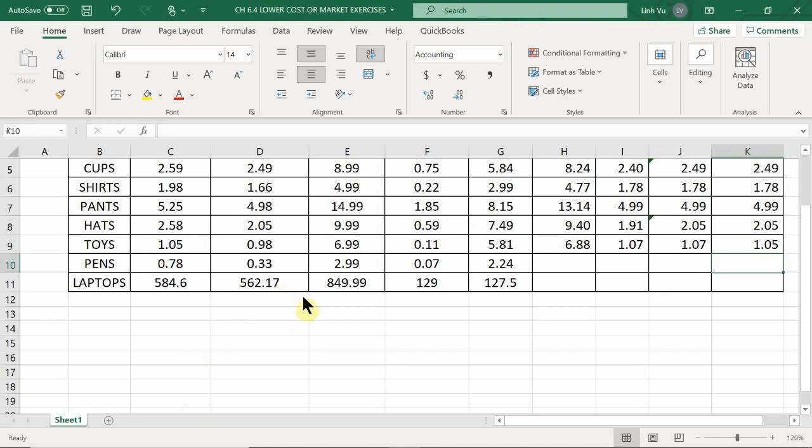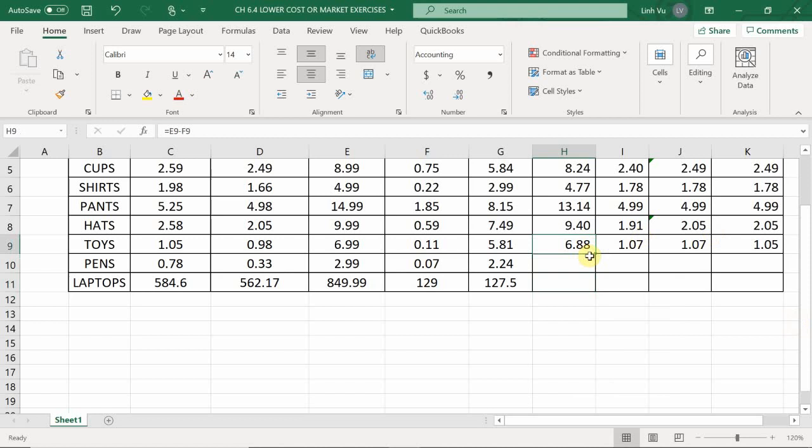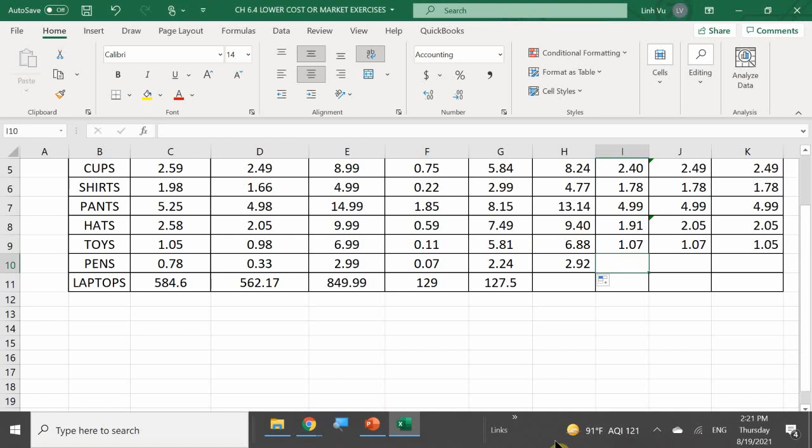So, in this case, what is my ceiling? $2.93 or $2.92. $2.92. Okay. What is going to be my floor?